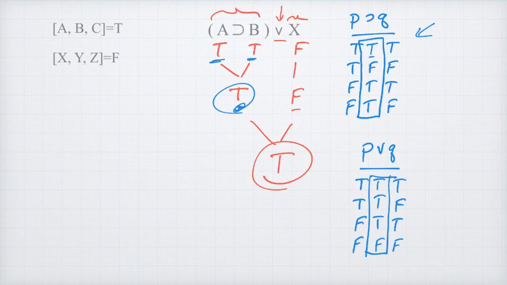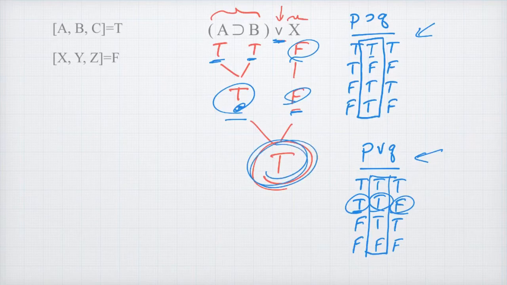The false is simply false. There's nothing more to refer to. And I've got true or false here. Well, under the OR table, when it's true here, false here, the value is true. And that's exactly what I got. So when I look at that row, the left side is true, the right side is false, the whole thing is true.